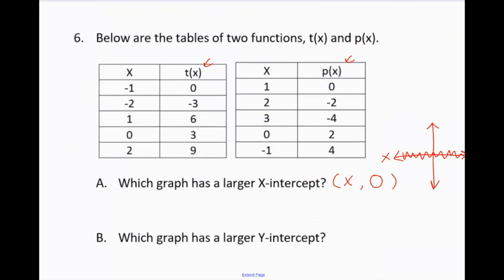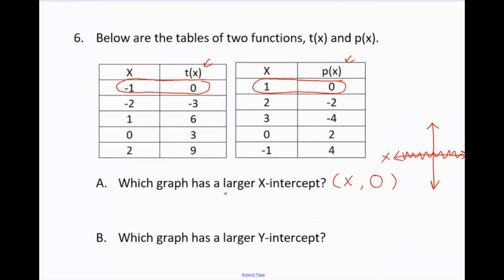Y has to be 0. Whatever the case may be for x, doesn't matter. Y has to be 0. So I'm going to look at when y is 0. On t of x, I've got one x-intercept. And I've got another one in p of x. So I'm going to look at these two.